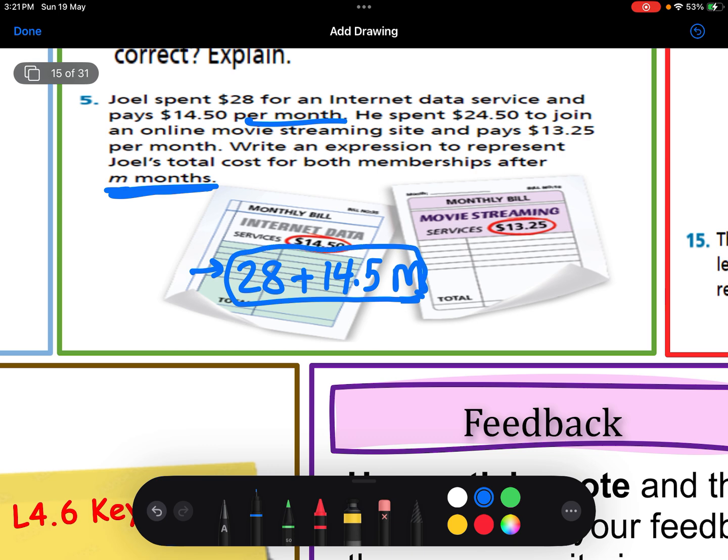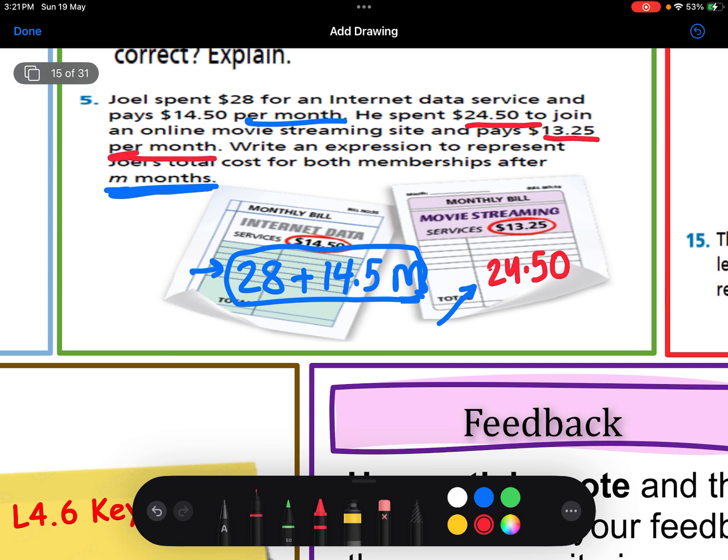Let's write the other membership, which is the movie streaming. So for the other membership, he spends $24.50 to join the online movie streaming. So $24.50, he doesn't spend it in every month, only to join it one time. Plus, he pays $13.25 per month.